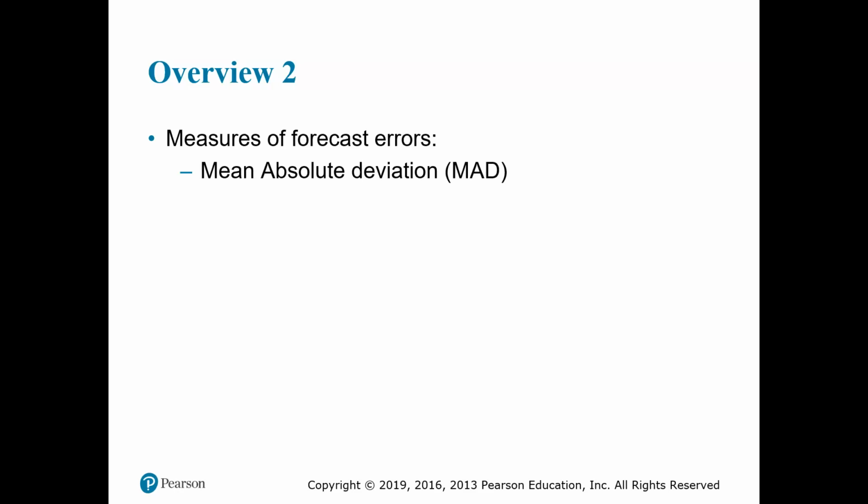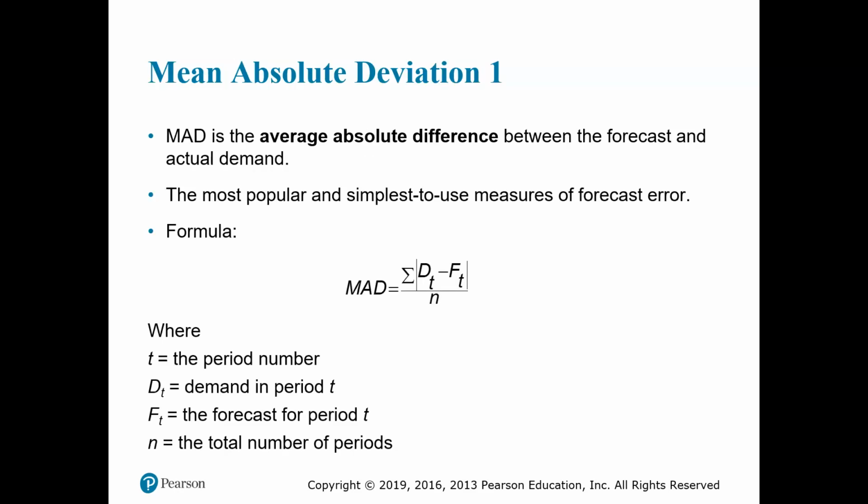We're looking at the absolute difference. And then the mean is just the average of all those absolute differences. There are different forecasting error methods, but we're just going to look at this one, the mean absolute deviation, the difference between forecast and actual demand. It's the most popular and one of the easiest to use.